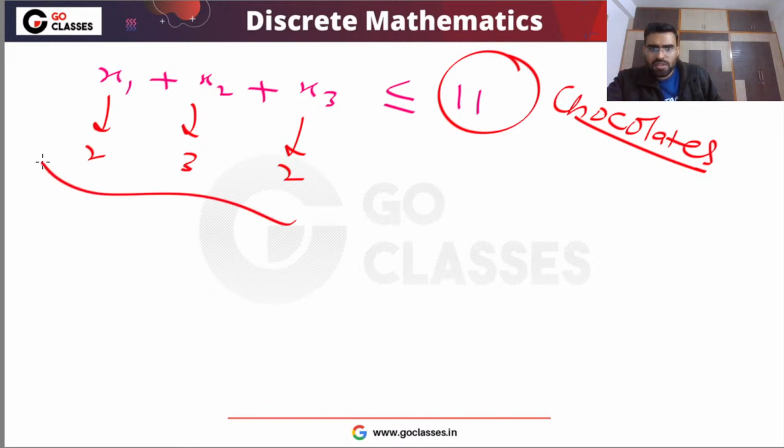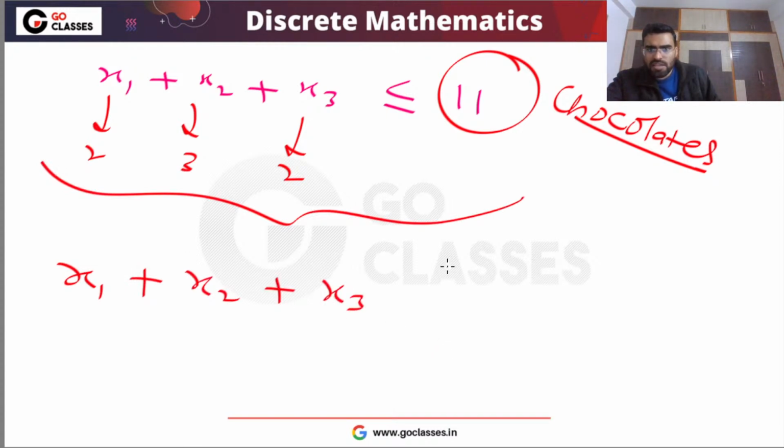So this question I can say x1 plus x2 plus x3 is fine, and the remaining chocolates are in my pocket, so the total chocolates are 11. So x1 plus x2 plus x3 plus the chocolates in my pocket should be equal to 11. Yes or no? This is the idea, because you have 11 chocolates in total and 3 kids.